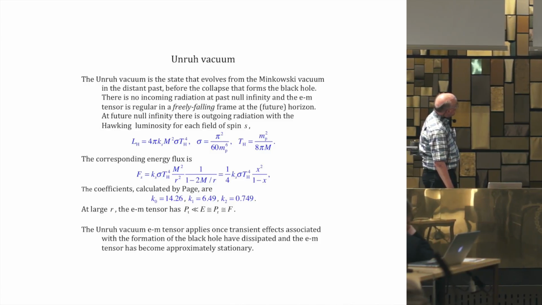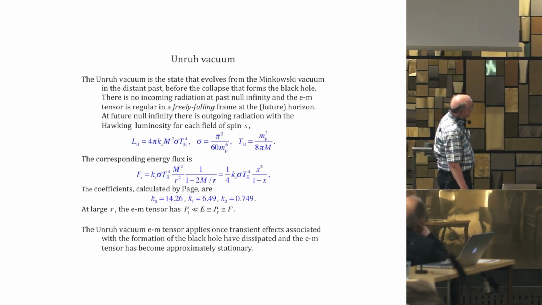There's an outgoing flux of Hawking radiation at a luminosity which can again be written in terms of sigma T_H to the fourth, with a coefficient which depends on a calculation of mirror penetration factors and so on for all the different modes. But Page calculated that early on and got these values. This is something which decreases with increasing spin.